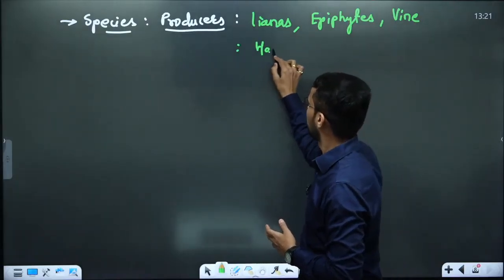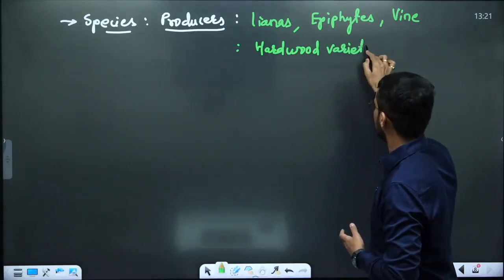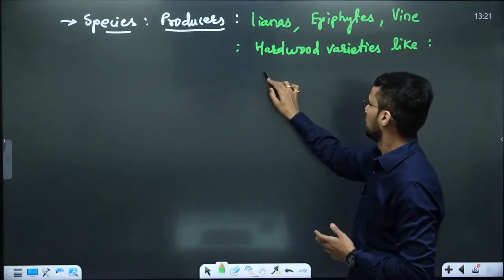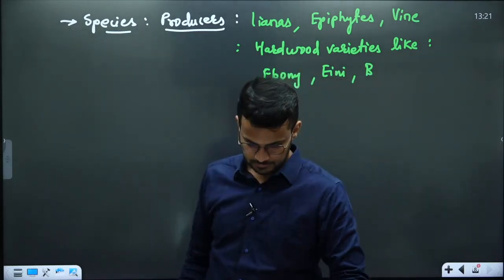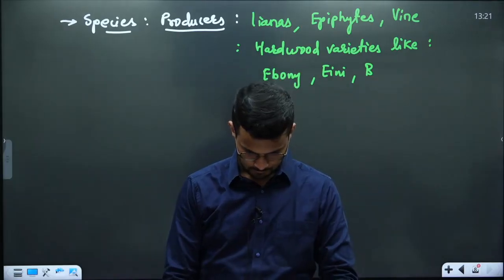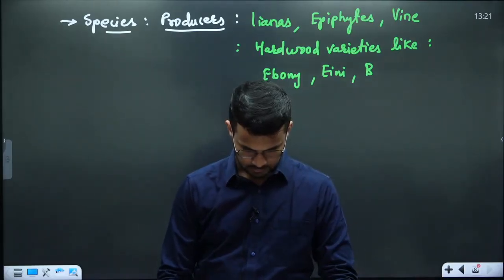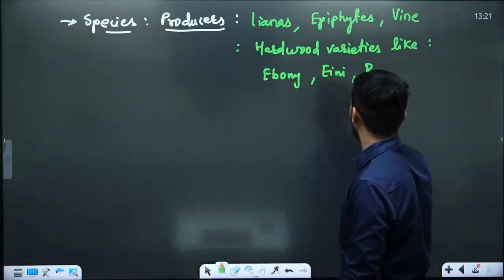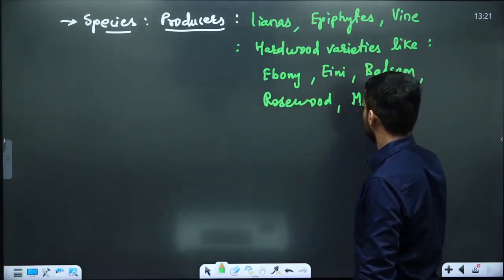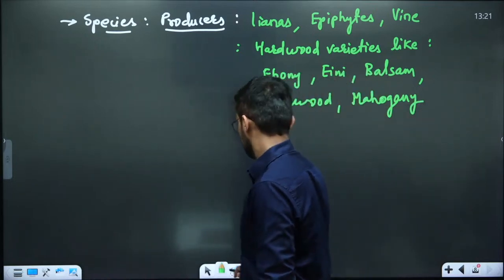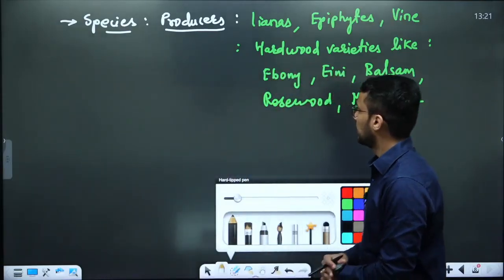Next, hardwood varieties. Hardwood varieties like ebony, piney, then balsam, rosewood, mahogany, etc. Fine, so these producers are there in this particular area. ठीक है.